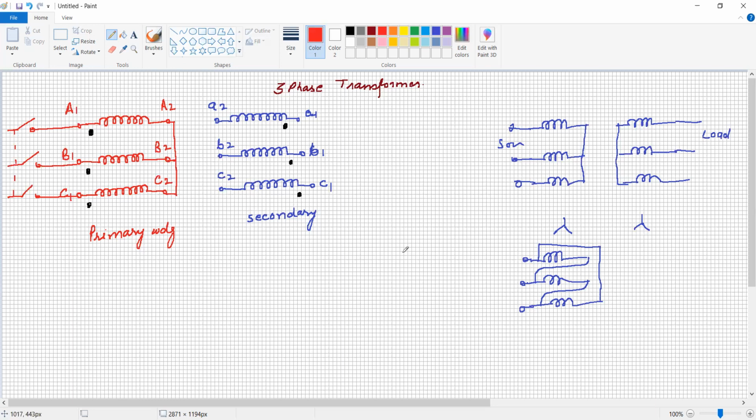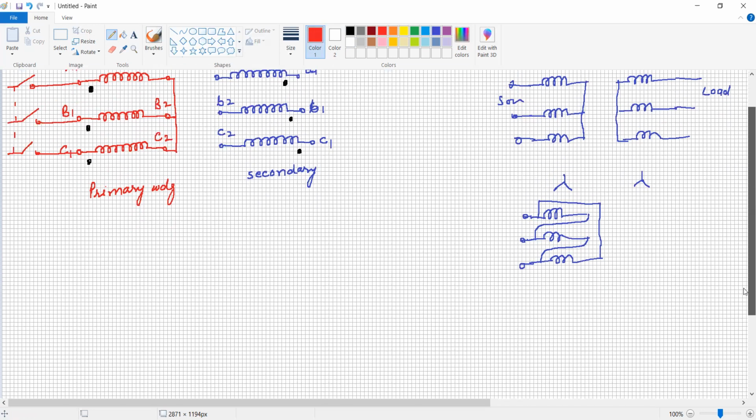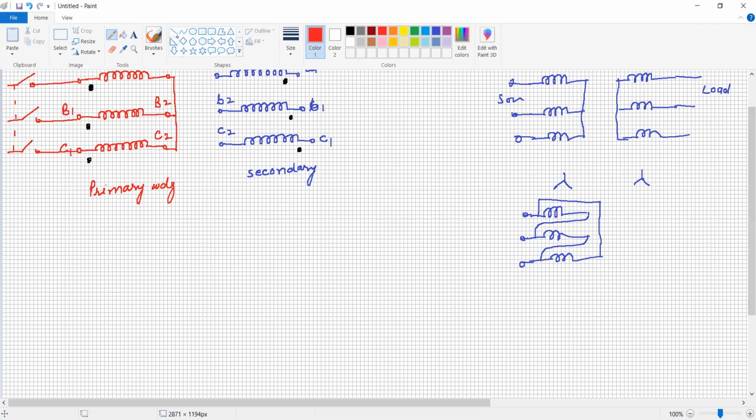Under such conditions, the vector diagram of phases is as follows. This is one phase.